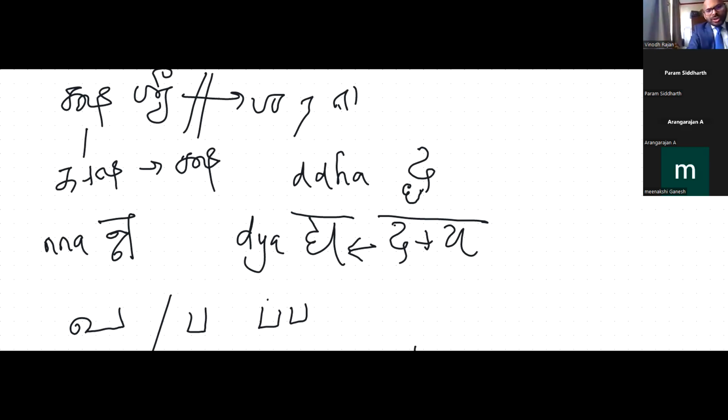So you don't write it, but you write it like this. You don't write it, but you write it like this. You don't write it, but you write it like this. Don't ask me why, but these are the preferred conventional forms.